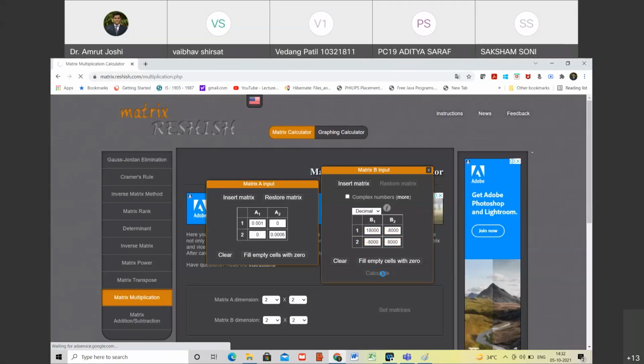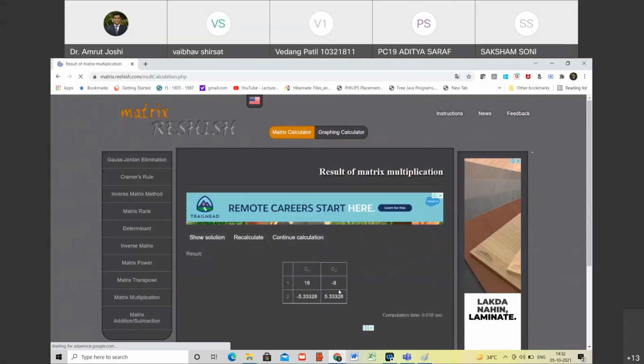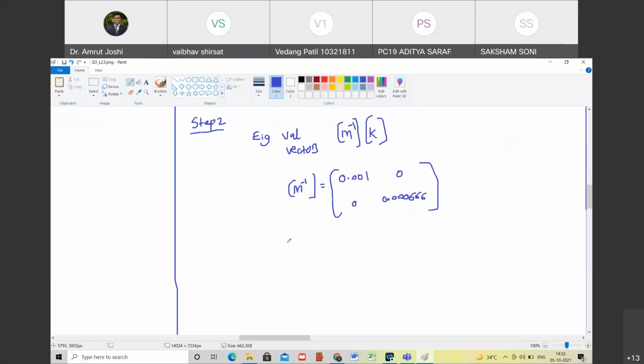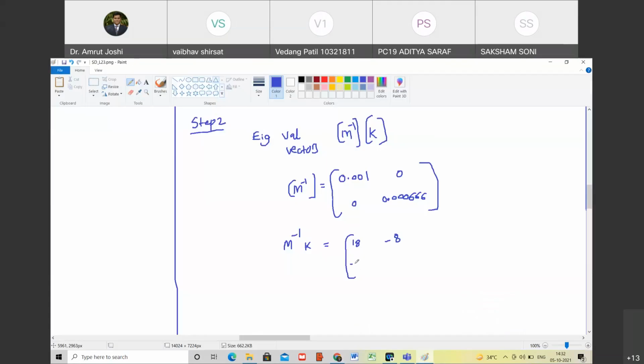So calculate. So the matrix multiplication turns out to be: M inverse K is 18, minus 8, minus 5.333, 5.333. Happy? Yes, sir.